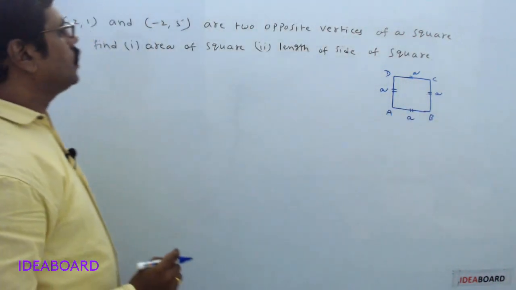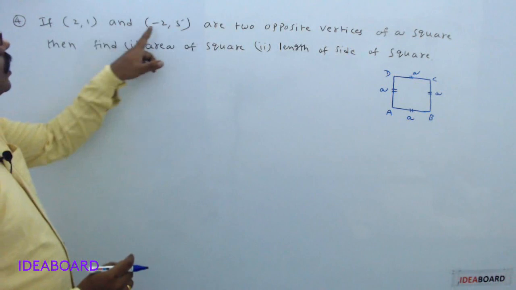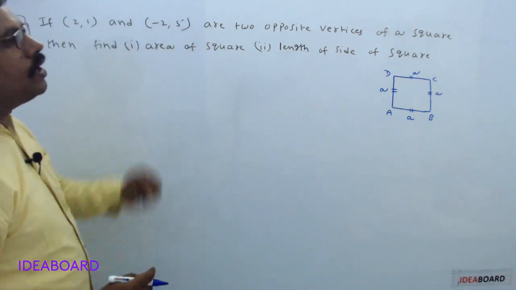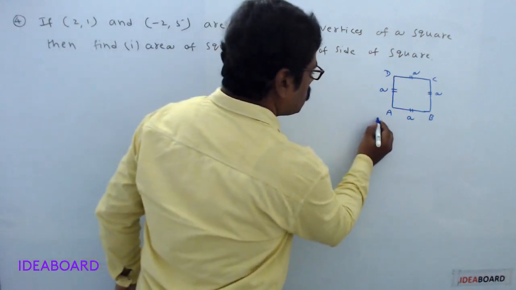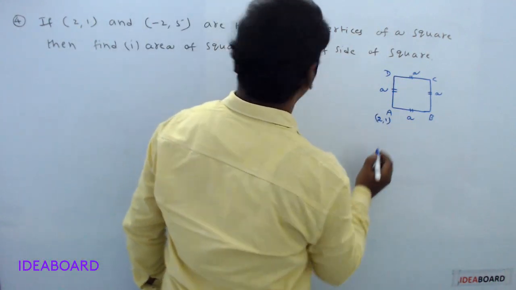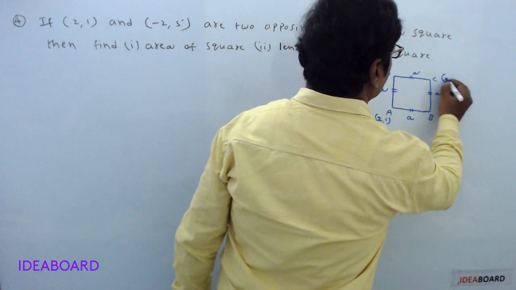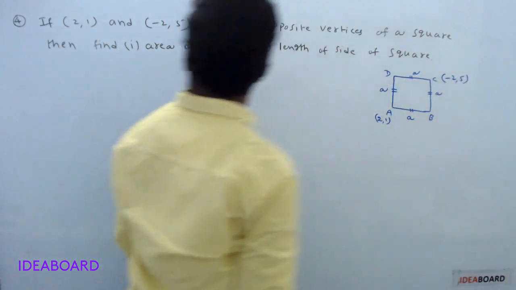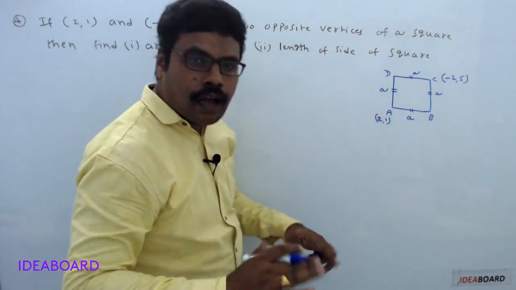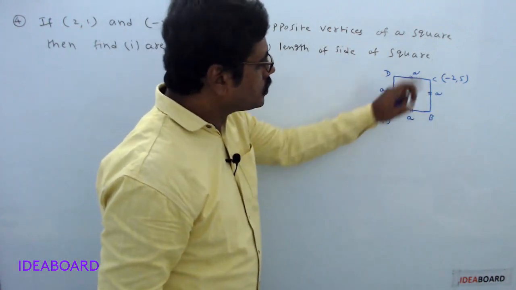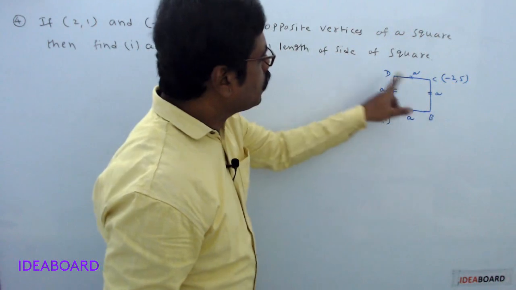What is the given condition? (2, 1) and (-2, 5) are opposite vertices of a square. So suppose A equals (2, 1), C is (-2, 5). Now these are the opposite vertices of the square, or in place of A and C you can take B and D also.